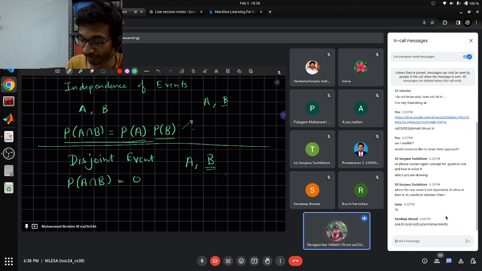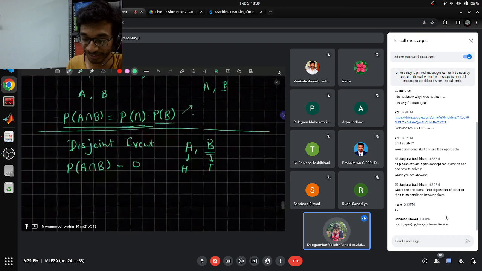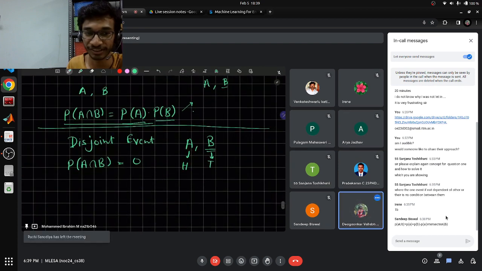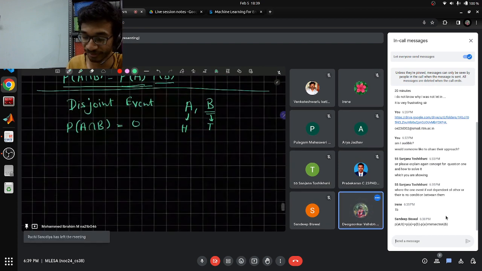Let's say you are tossing a coin and it comes up heads; you can be sure that tails is not occurring. So in a coin toss, A would be the event that heads occurs, and B is the event that tails occurs. They can't happen at the same time. That is what disjoint means and what independence means. You are essentially expected to use these two relations to solve the questions.